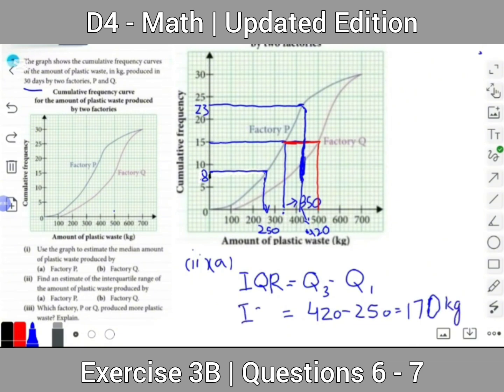So the interquartile range of the amount of plastic waste produced by factory P is equal to 170 kg.